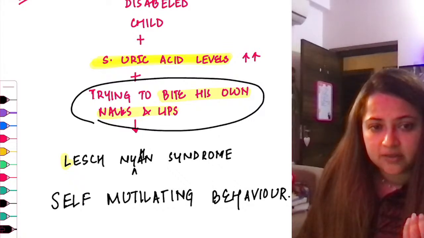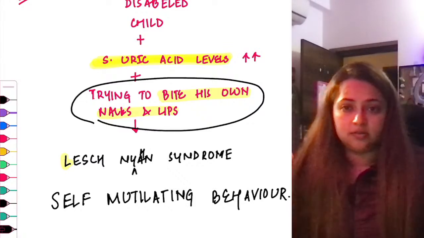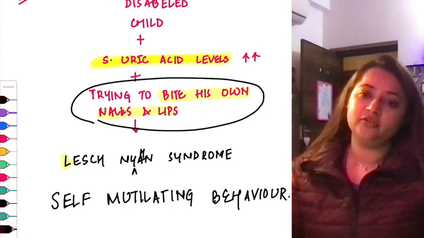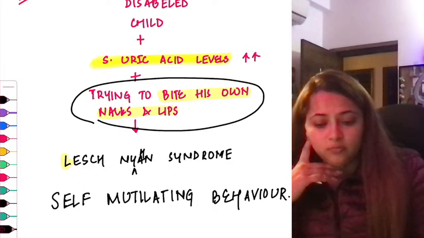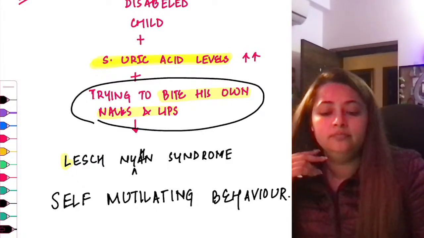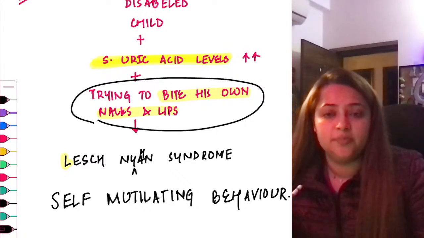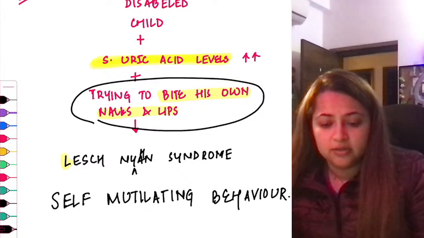Second question, which is very, very high yield: which enzyme deficiency is associated with Lesch-Nyhan syndrome? Your answer to this question is going to be, yes, exactly, HGPRT.